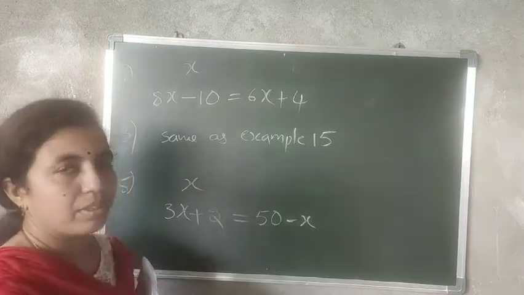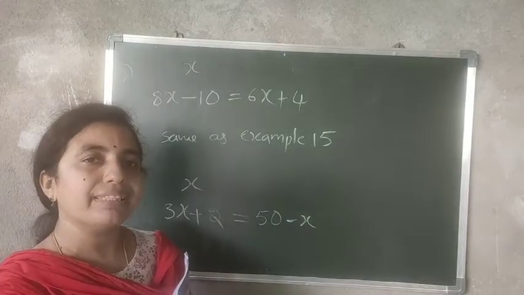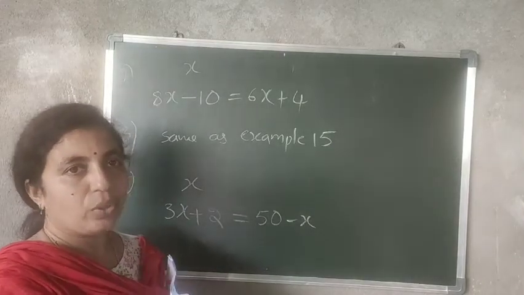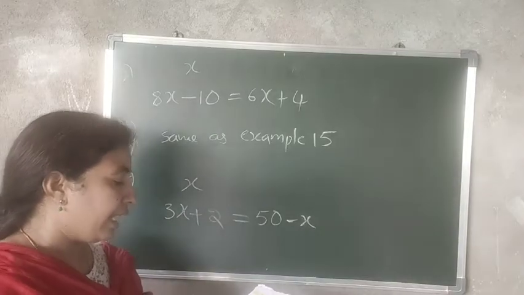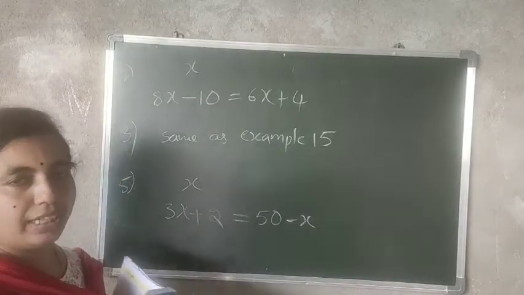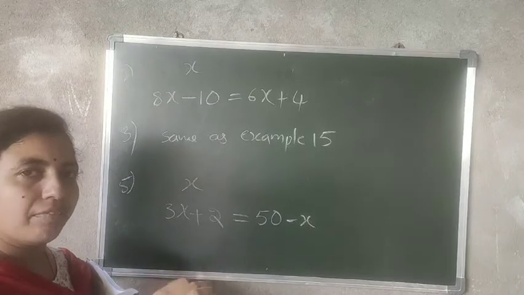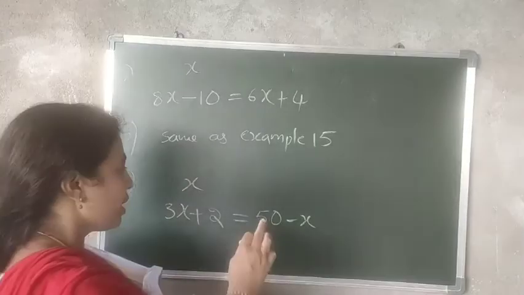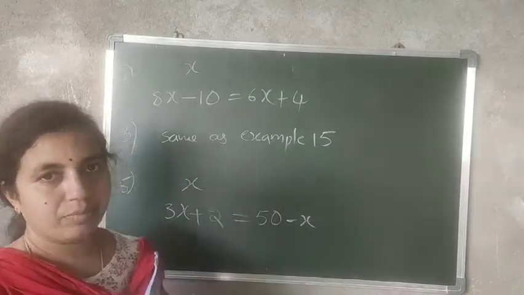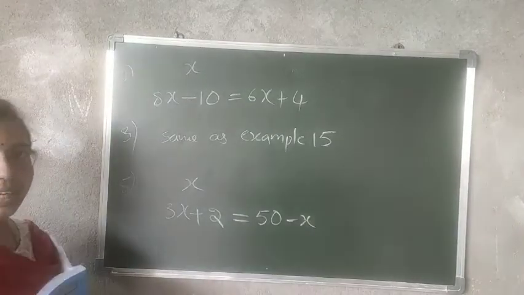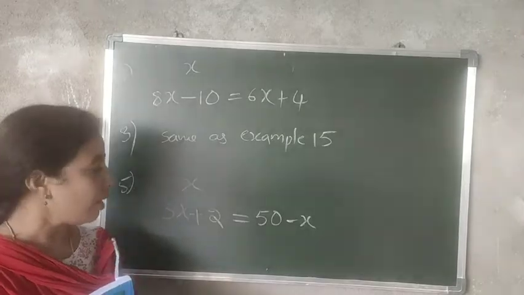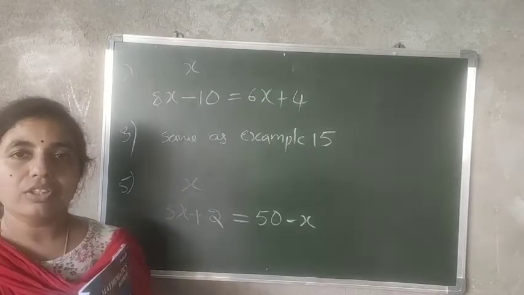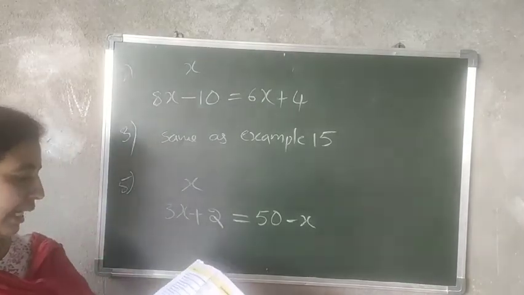Don't forget from which number we are subtracting; that you have to write first. So this is the required equation. Now you can solve it and find the x value.